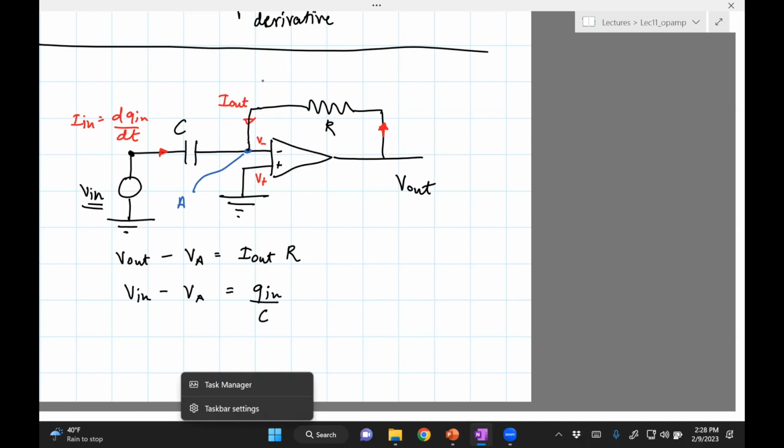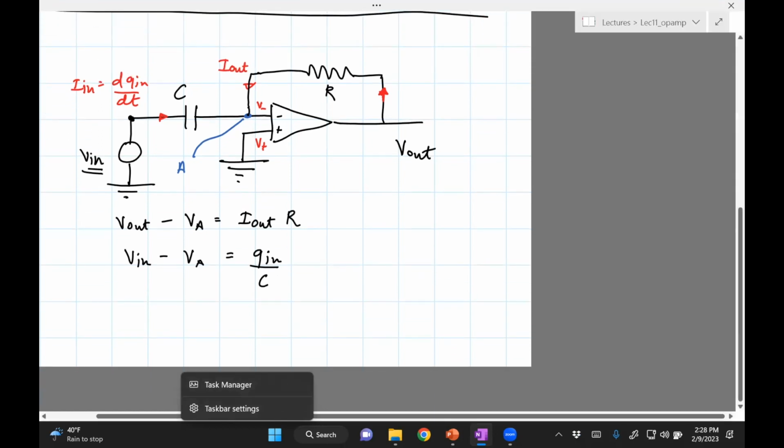From the assumptions of our Opamp, we know that V minus is V plus, but V plus is 0 because it is connected to the ground. We also know that VA is connected to the inverting end, so VA should be equal to V minus. So from all these, VA should be 0. Okay, so we can just get rid of this.